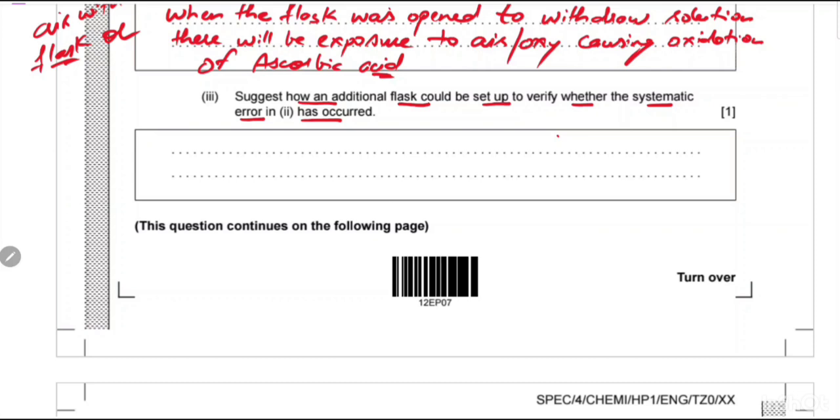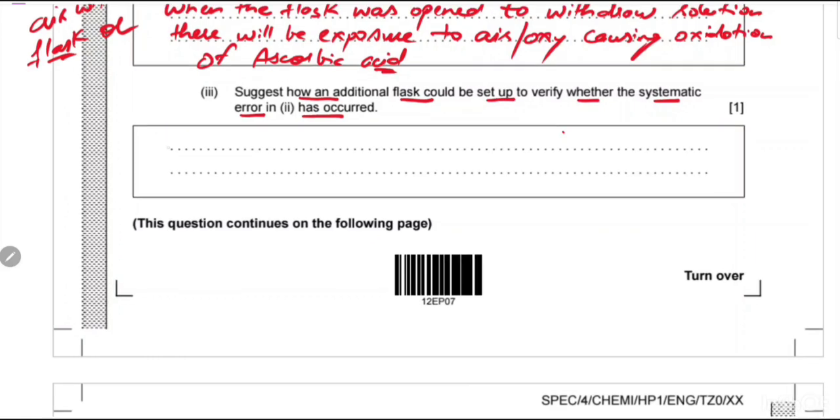So now in this question we have to verify whether the systematic error in 2 has occurred or not by using an additional flask. What you do when you are using an additional flask is compare the result of the additional flask with the previous section 2 results. You can eliminate the error by filling the flask with inert gas instead of air.